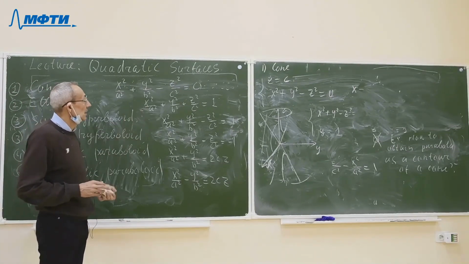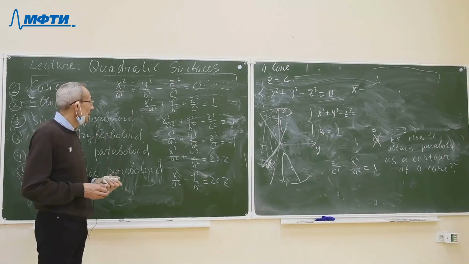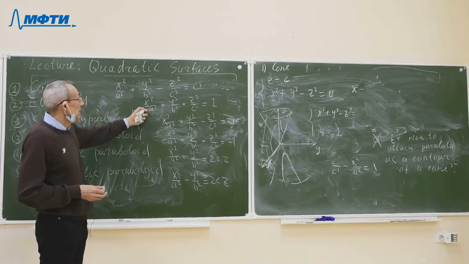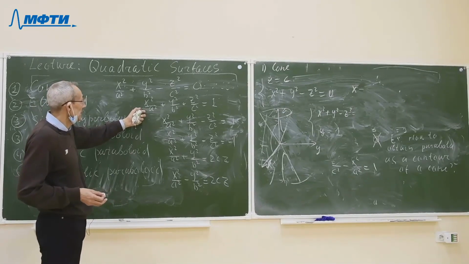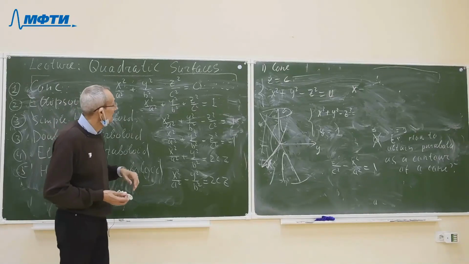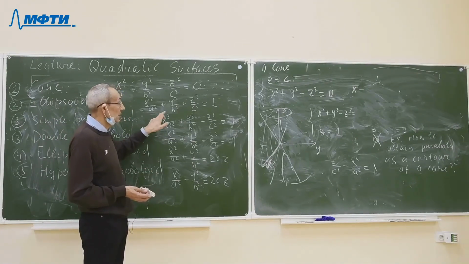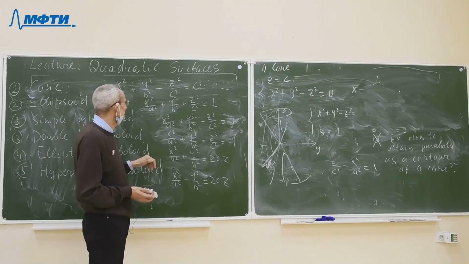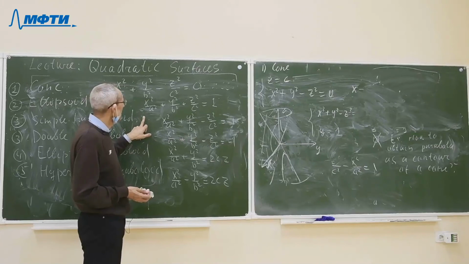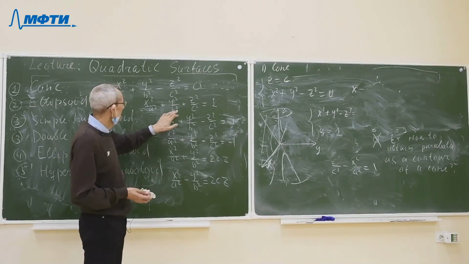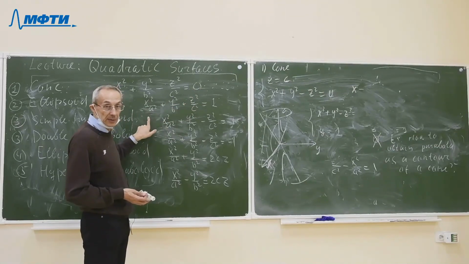And briefly, I try to understand the form of these surfaces. The second example, the ellipsoid. If we consider traces of this ellipsoid by the coordinate planes, z is equal 0, we obtain an ellipse.